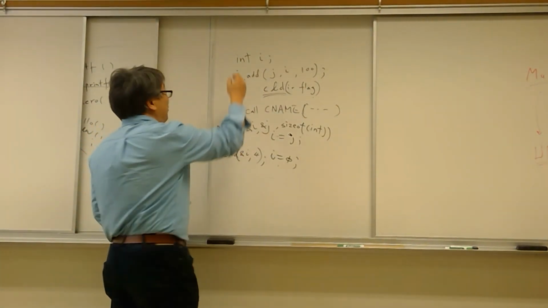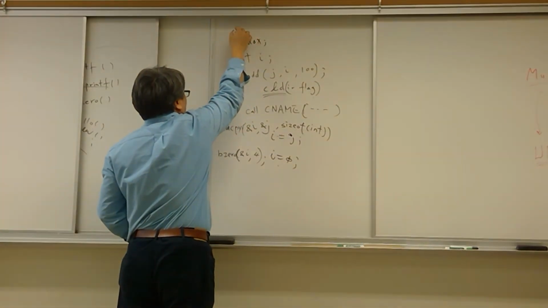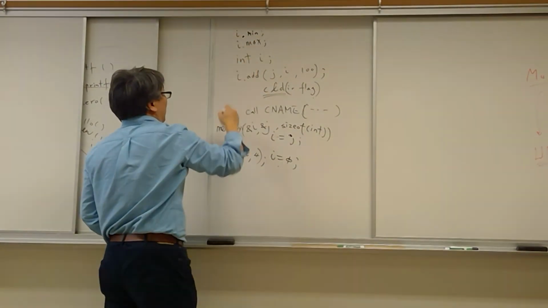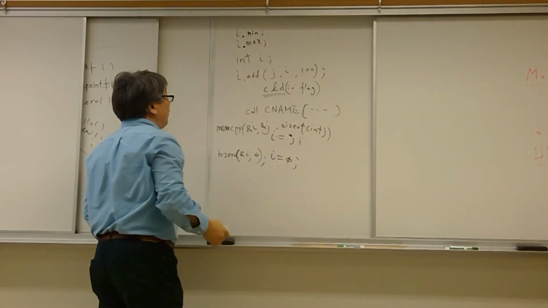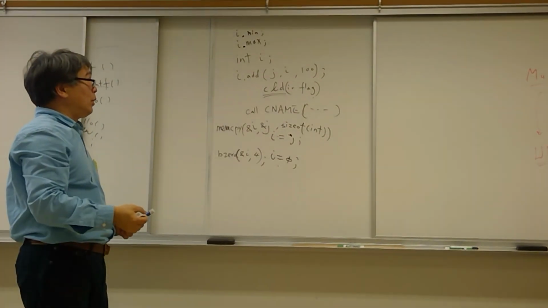Then you have the I max. You know what the max value can be, and the minimum value is for the 32-bit signed 2's complement. The minimum should be negative 2 gig. The maximum is positive 2 gig minus 1.